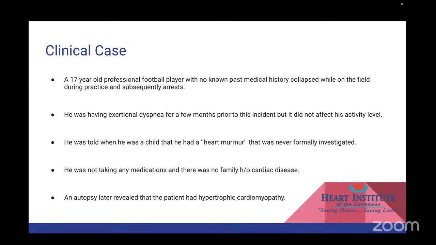So we need to find a way to target this patient population and identify these high-risk patients and get some sort of screening in place for them.